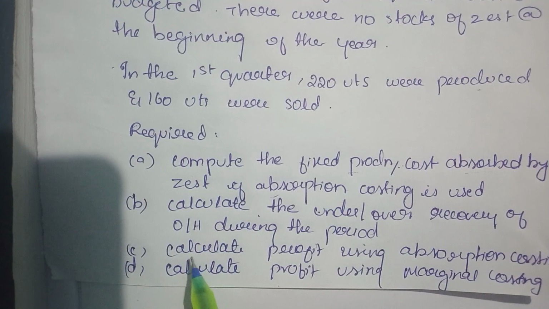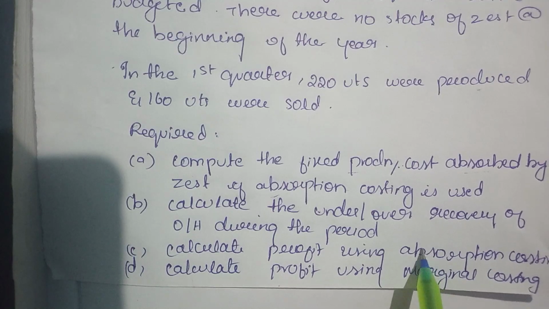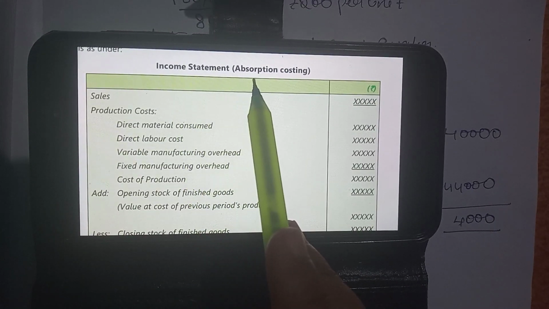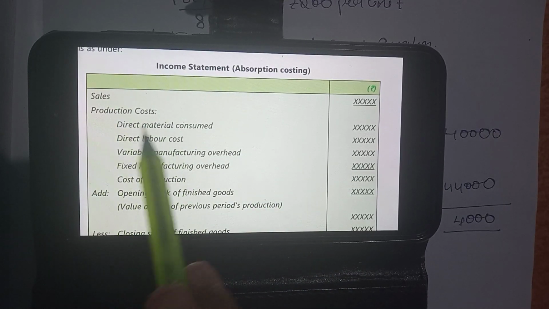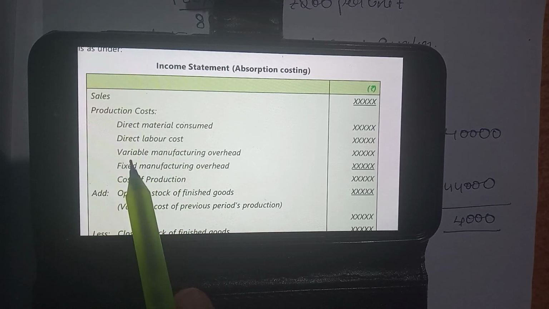The next question is C. Calculate profit using absorption costing. So I have to find out the profit using the absorption costing method. Let's do that. Just look at the income statement of absorption costing. First they have taken sales, then production cost. In this they've included all this direct material, direct labor, then variable and fixed. This is the difference actually.